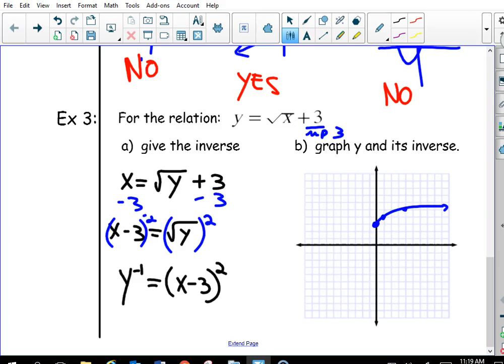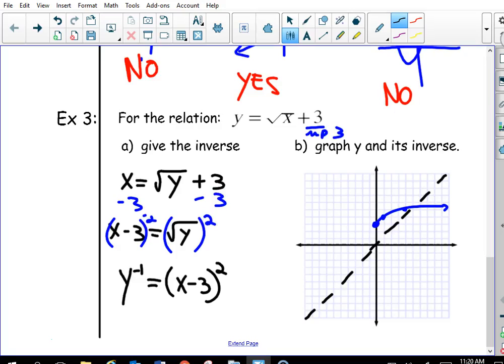Okay? So we're just translating that parent function, square root of x, up 3. So how do we limit the domain here? Well, first of all, one of the properties of inverses is they are always symmetrical about the line y equals x. So one way we can look at that is to take one of our points.